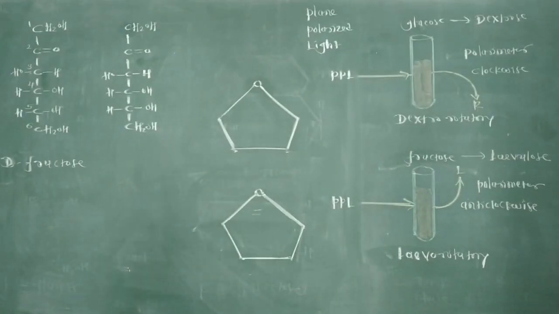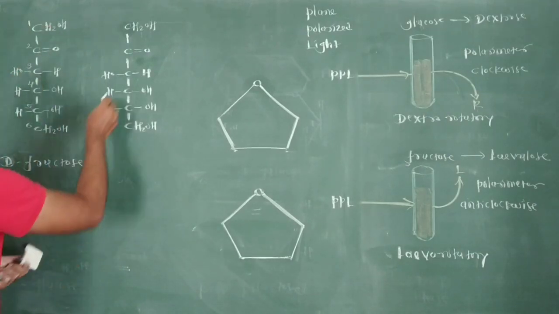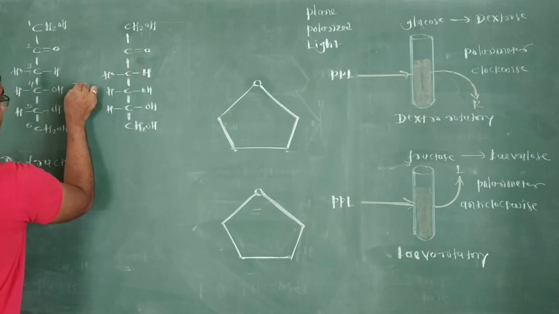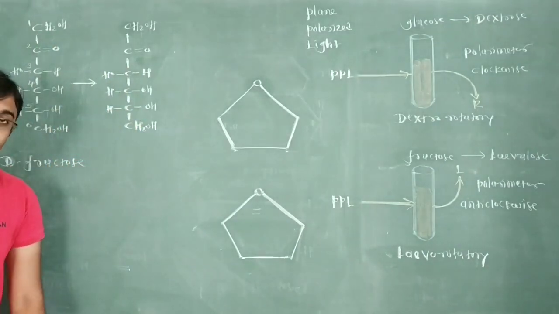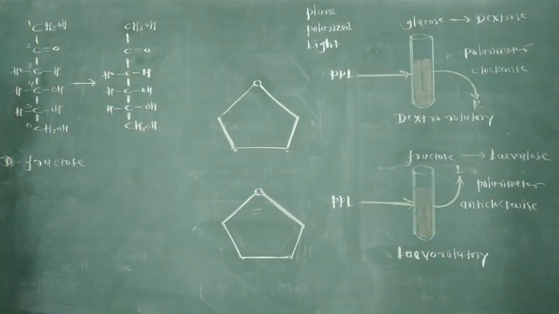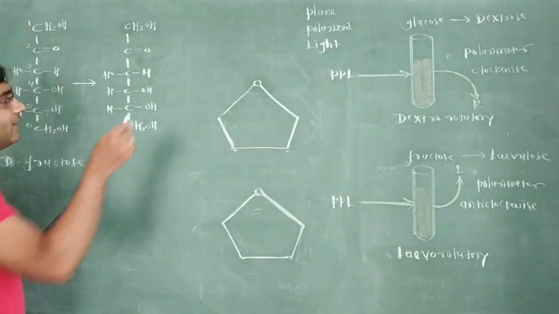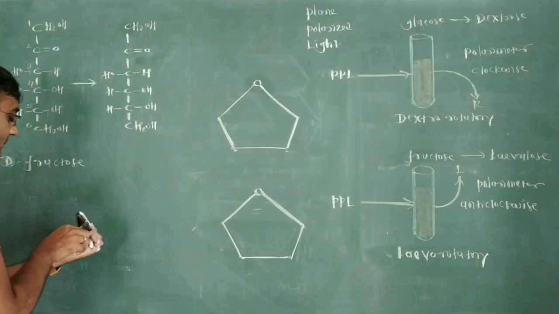Now we mention here the dextrorotatory fructose structure. Once again drawing the same structure of fructose. This is the original. Here we carry out modification to convert linear into ring. Ring always forms between the carbon having the double bond oxygen and the last second carbon.